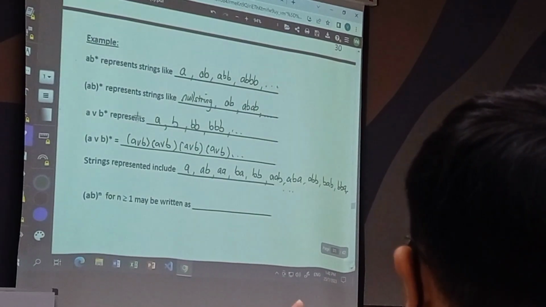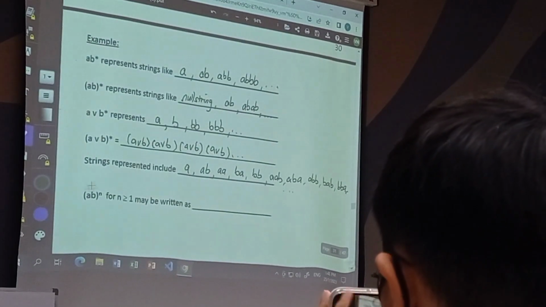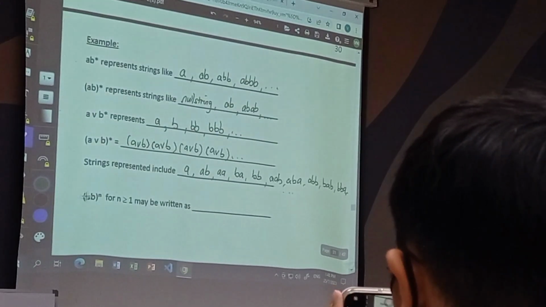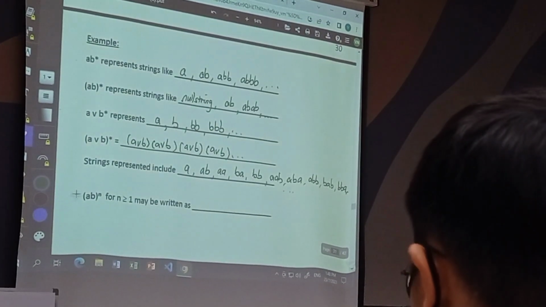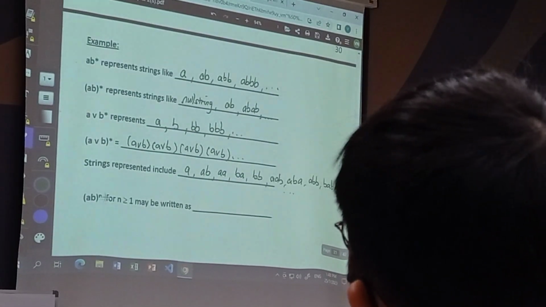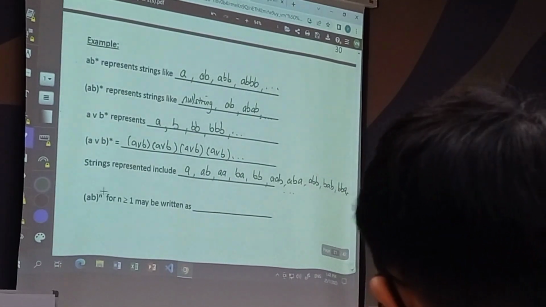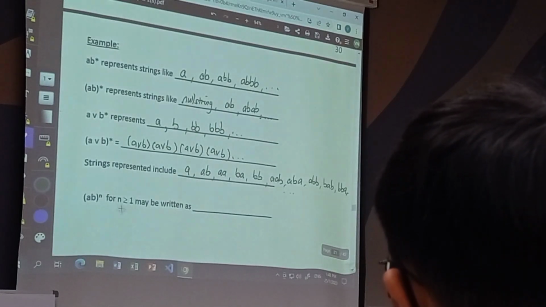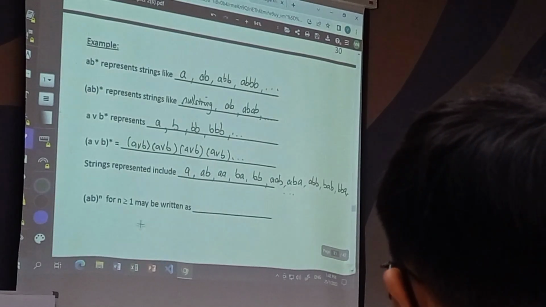If we don't want to use the n to write for the loop, but we want to use the asterisk to write the loop, how do we replace this one using the asterisk, looking at the n starting from 1?